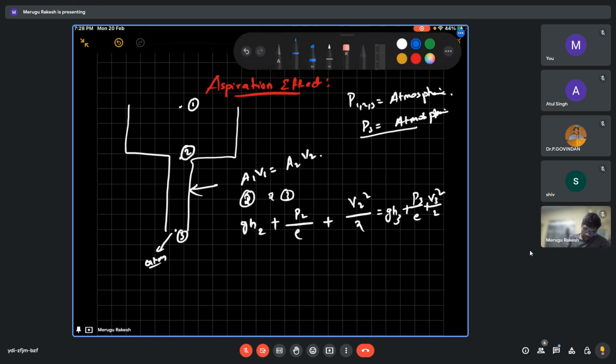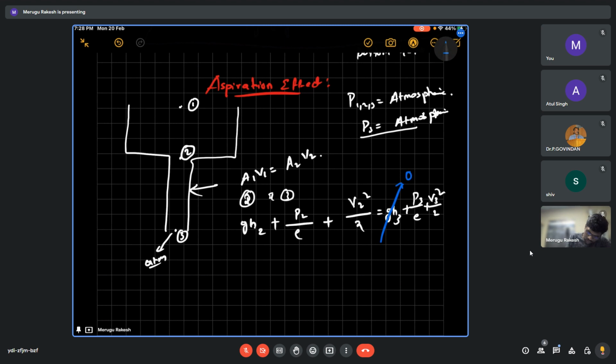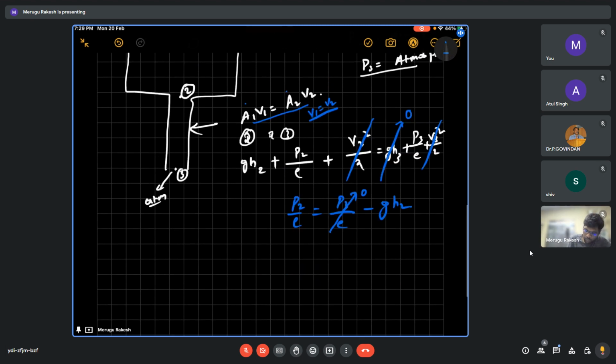Then gH3 will be 0. Since A1 and A2 are equal, V1 equals V2, so V2 and V3 will get cancelled. So P2 is P3 by rho minus gH2. If you take P3 as atmospheric, which we take in gauge as zero, P2 will be minus rho g H2, which is negative.